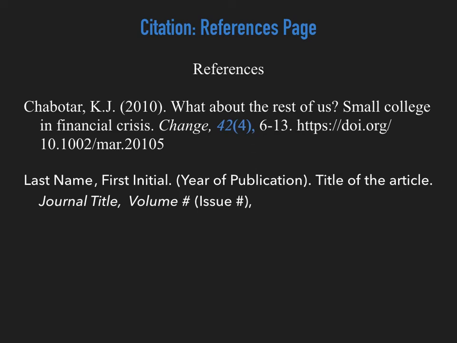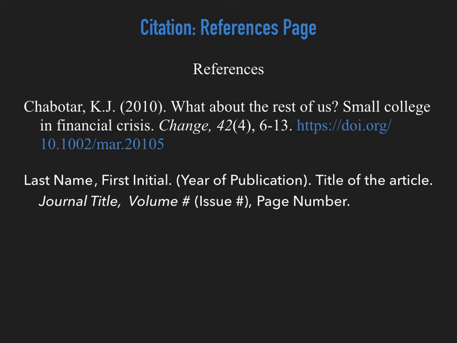This brings us to the article's page numbers. We will provide the page numbers for where the article can be found, which will then be followed by a period. This brings us to the final portion of the citation, the digital object identifier. The digital object identifier, or DOI, is basically a permanent URL address.